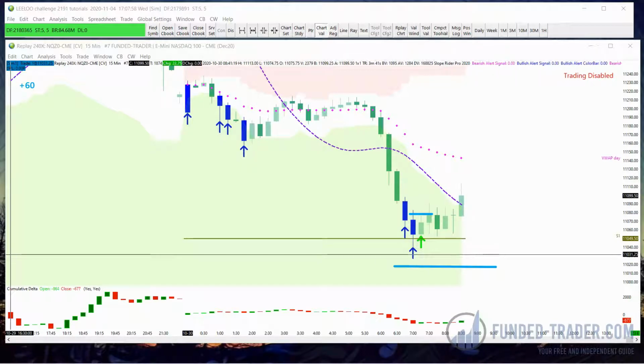So these are still inside bars. It's moving above the medium of Hull just before the European Open. Probably there were data releases as well. So this is looking good. Everything is looking good.